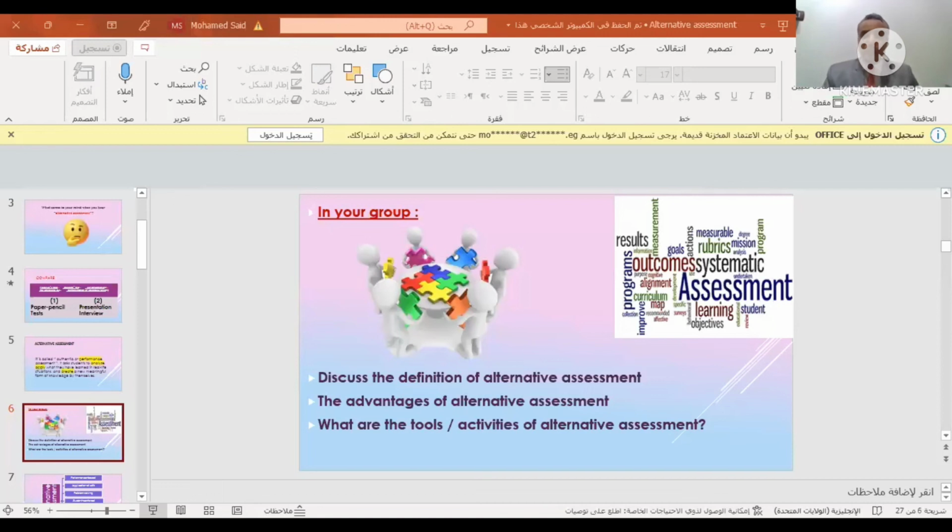For example, using grammar, I'm asking you to write correct grammatical sentences. For speaking, I'm not giving you just phrases to memorize. No, I'm putting you in real-life situations such as exercises, dialogues, and conversations of different kinds. So one of the best advantages of alternative assessment is that students respond to real-life tasks.